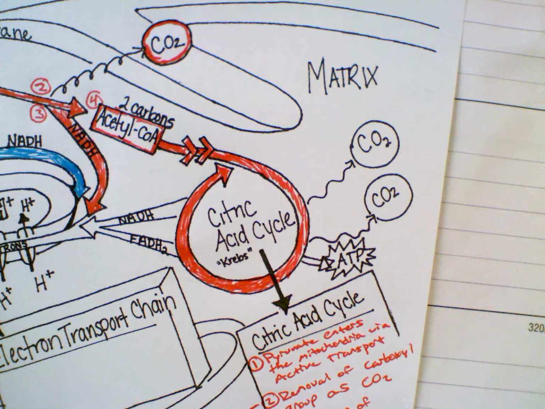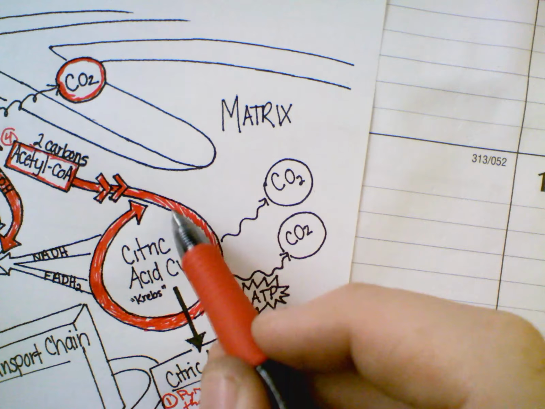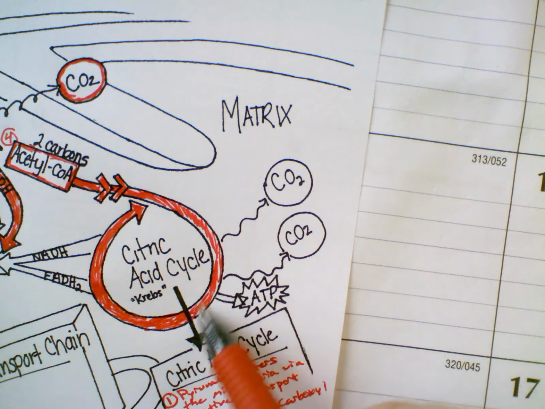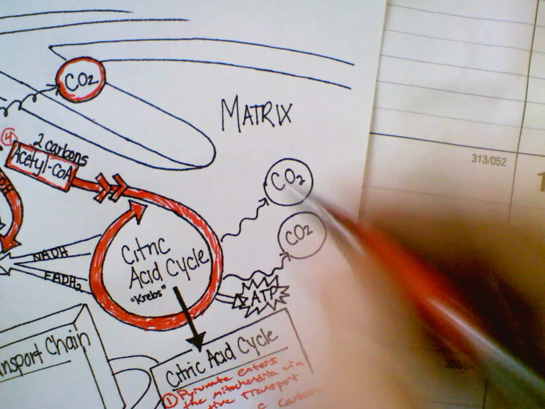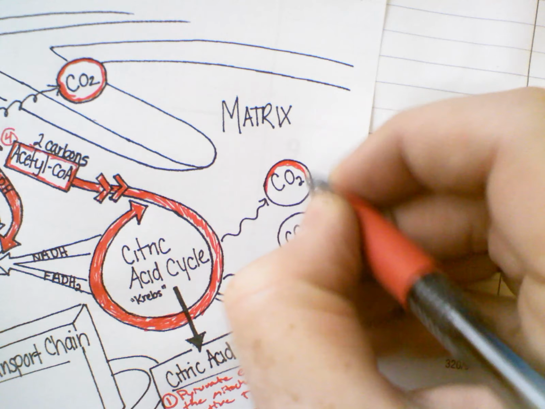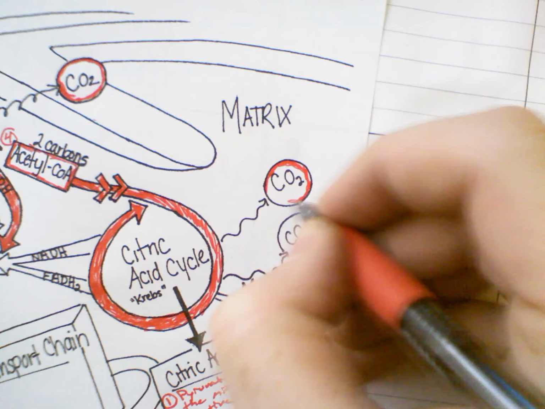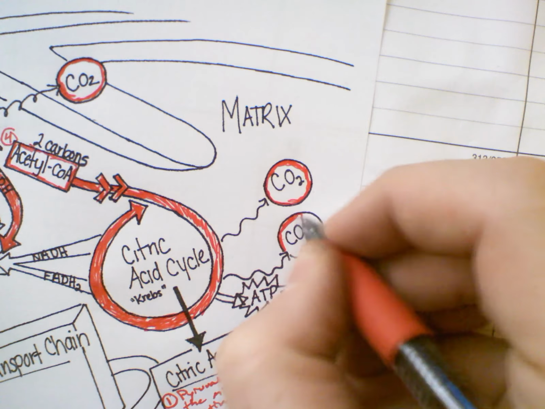And it's really confusing. You don't need to know all that. But what you do need to know is that this whole time we are oxidizing the molecule that's moving through the citric acid cycle, which started off as acetyl coenzyme A. And every time we oxidize it, we are going to be releasing carbon dioxide. Just like we saw carbon dioxide being released at the beginning. So carbon dioxide is coming off.